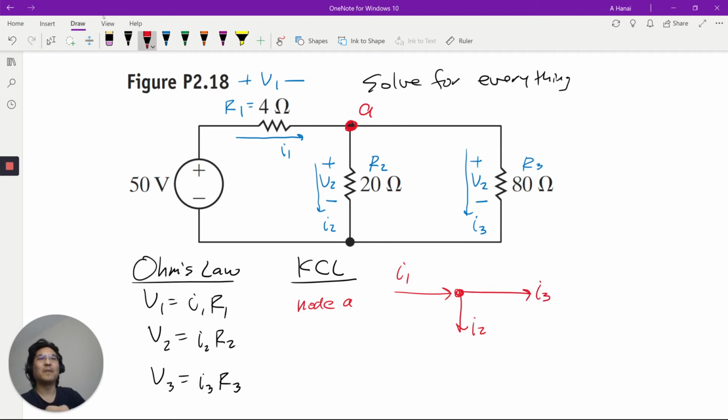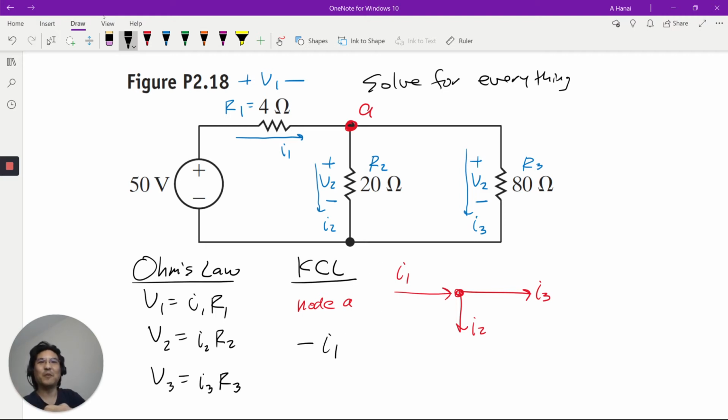Okay, so for KCL, you decide if going into the node is positive or leaving the node is positive. Up to you, it doesn't matter. Okay, so let's say going out of the node is positive. So then that means this is negative, right? So I add them all up.